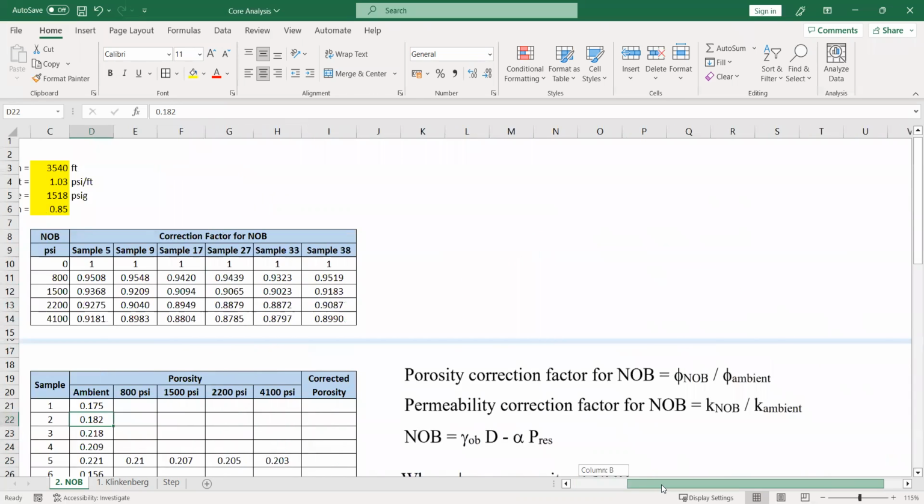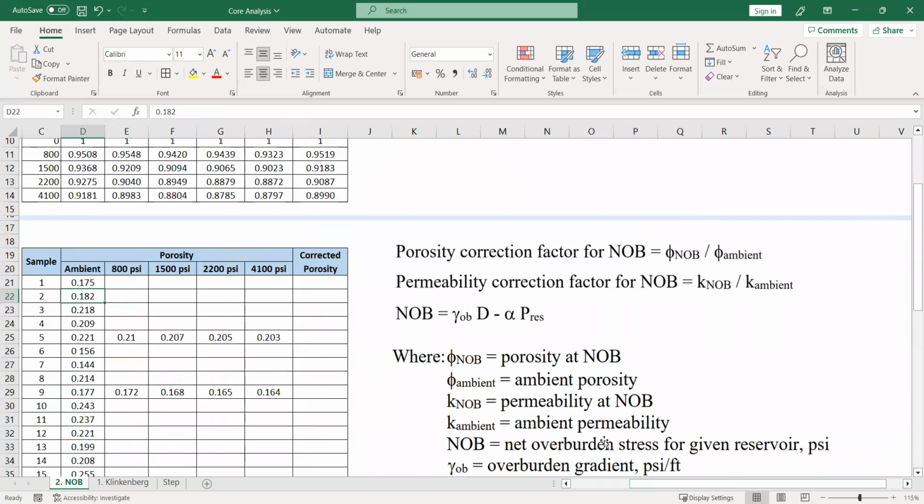These are some formulas that can be used, very important. The porosity correction factor for net overburden is the porosity measured under overburden stress divided by the porosity measured under ambient condition.